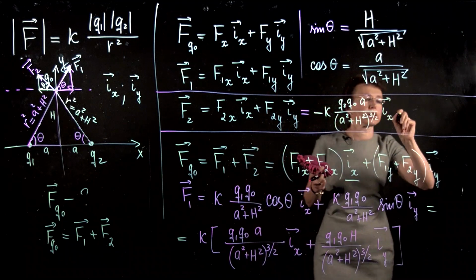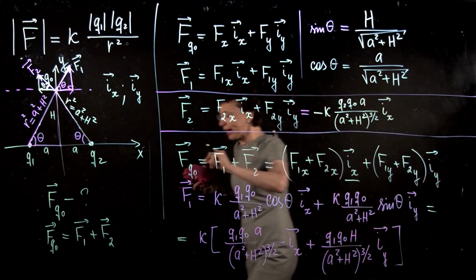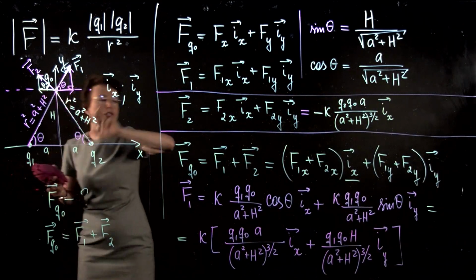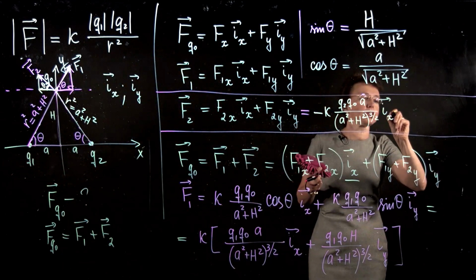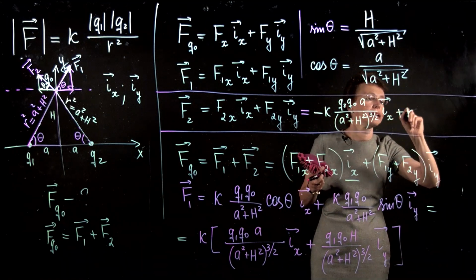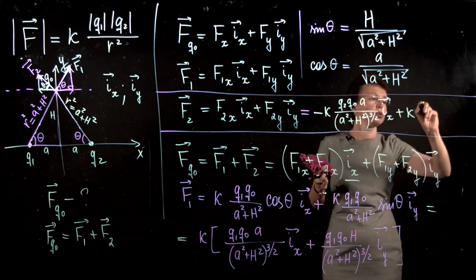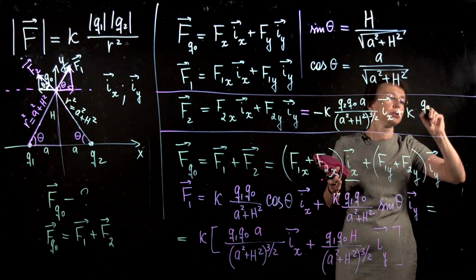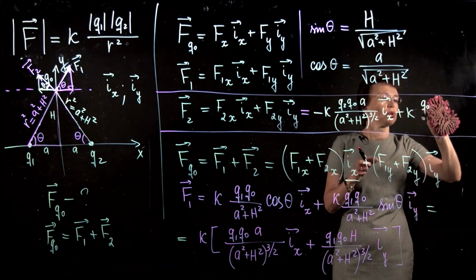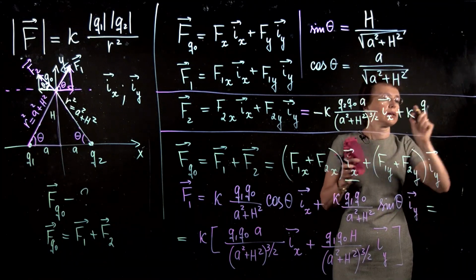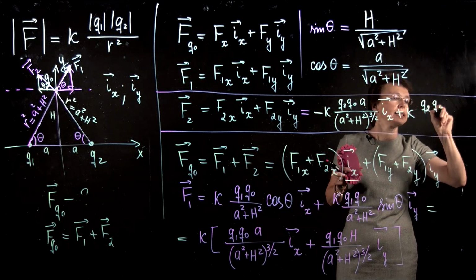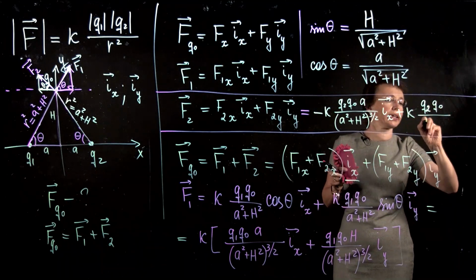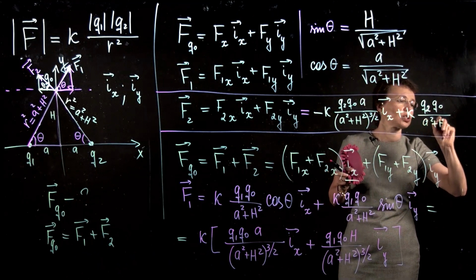What is the y component of F2? Positive or negative? The y component of F2 is positive, so it is plus k. And then it is q2, q naught, divided by distance squared, a squared plus h squared.